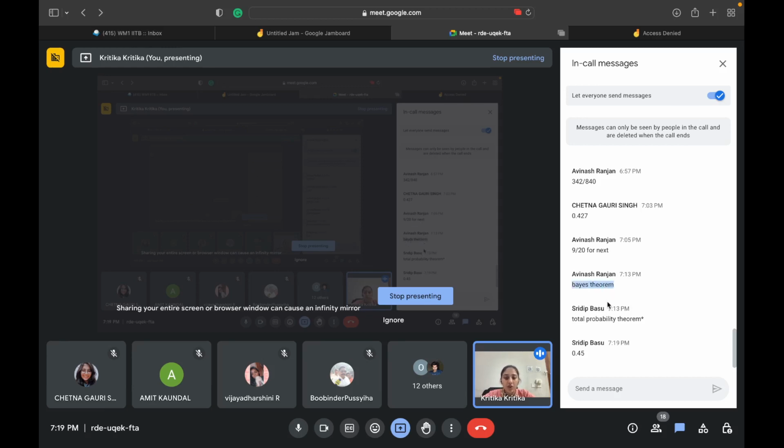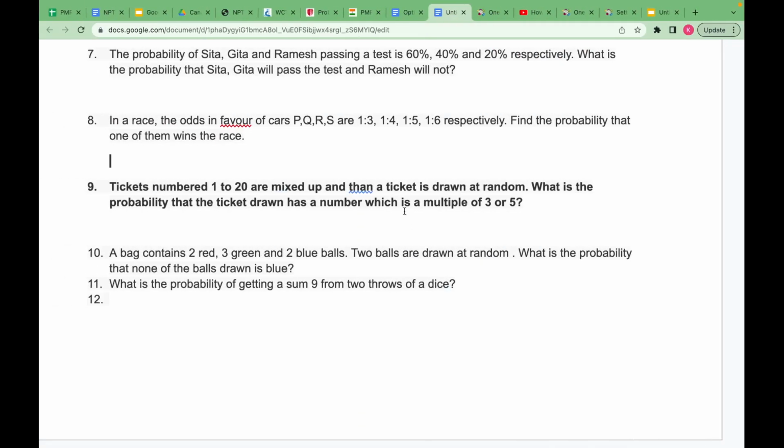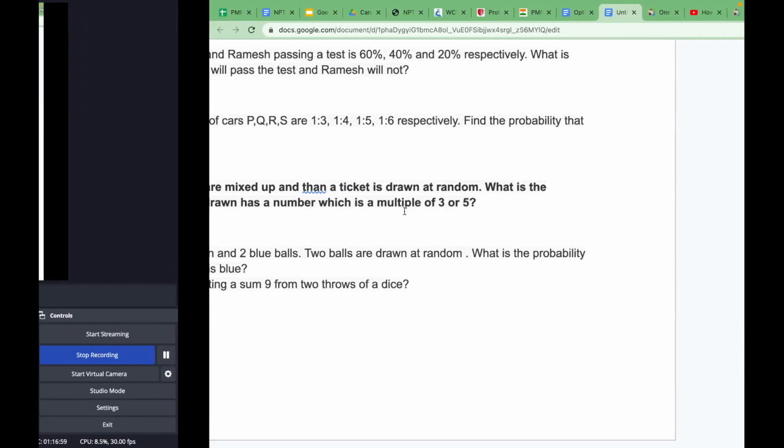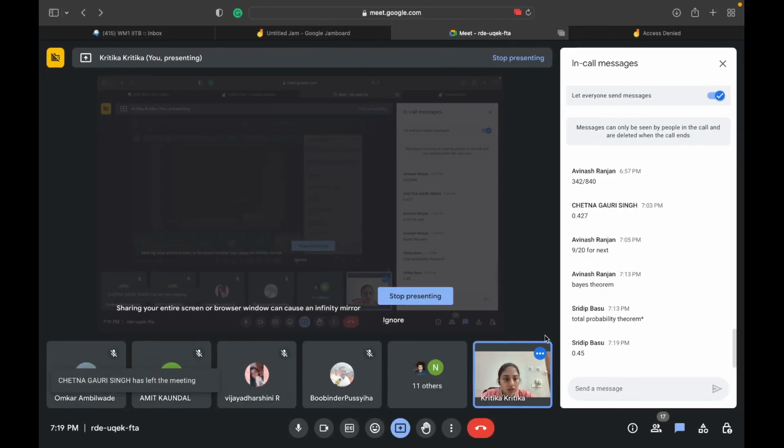So I think you all are familiar with this Bayes theorem. Yes, Shridip, it is right. The answer is 0.045.